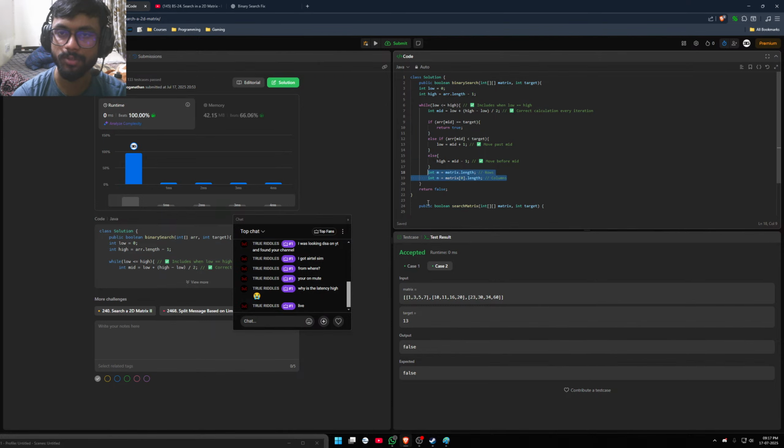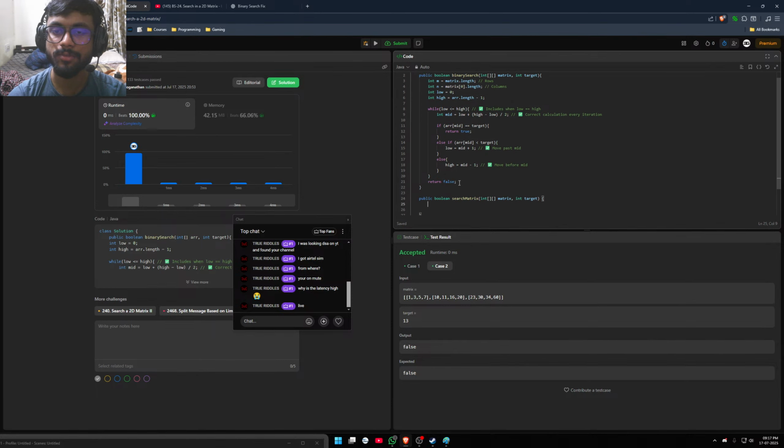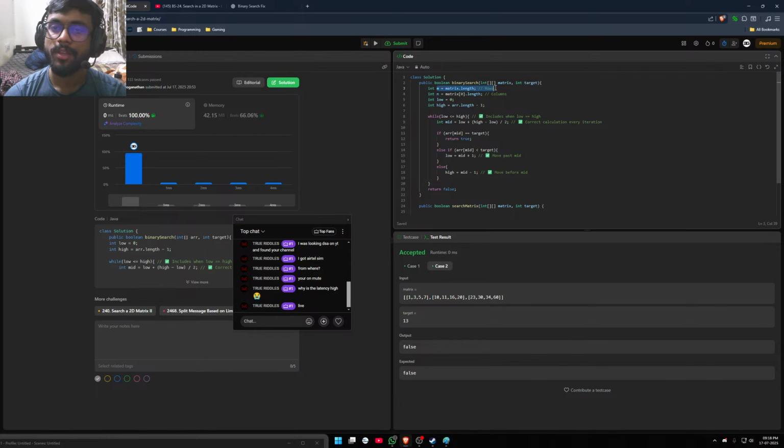So we have m, we have n, low is 0 for now, and high is n cross m, which is n into m minus 1, because we need the last element, which is high.